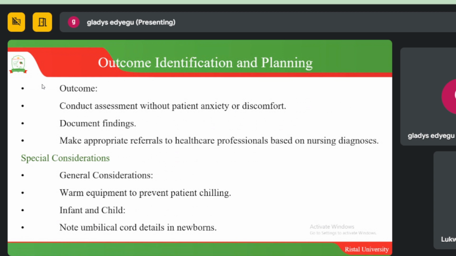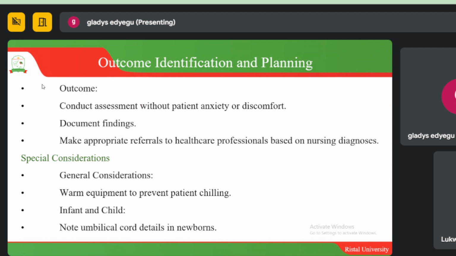Many times we get information from our patients, but we end up not documenting. But it's very key that we should always document whatever information that we pick from our clients, because at a certain point you may need that information and the client is not there and you cannot ask him at any moment.